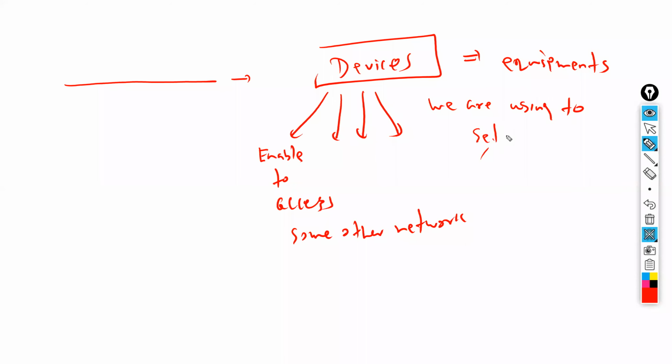For example, just think about the router. Normally, let us take a Dialog SLT router with the antenna. Why do we have these antennas? Because this is Wi-Fi capable.